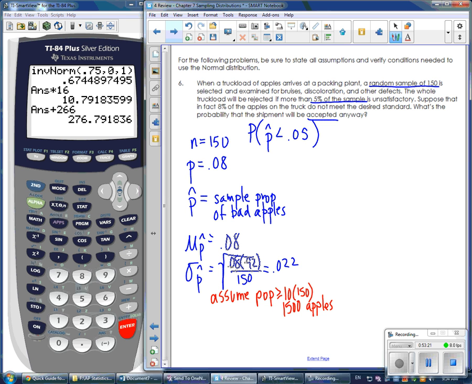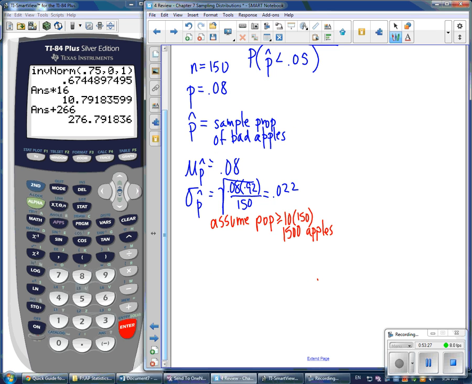The last thing I need to do is determine whether or not p hat is normal. And so this is where I'm going to double check my n times p and my n times 1 minus p. So if I do my n times p, I have 150 times my p-value of 0.08, and I know that 8% of 150 is, let's see, 12, which is greater than or equal to 10, so that condition is met.